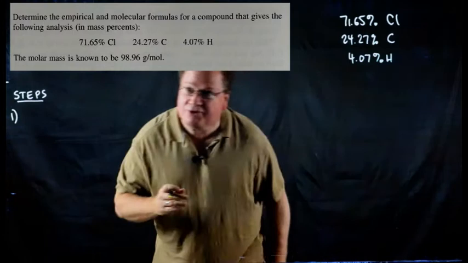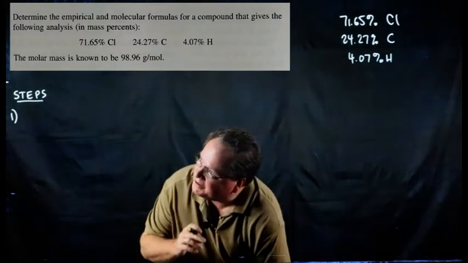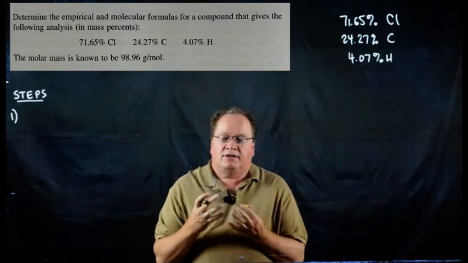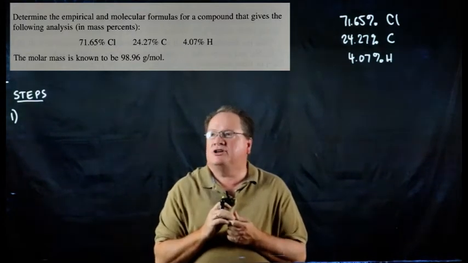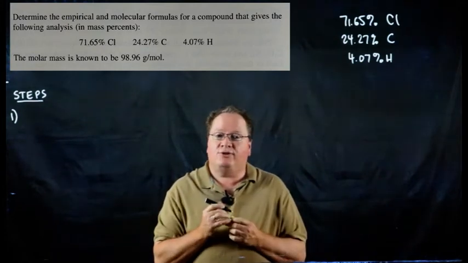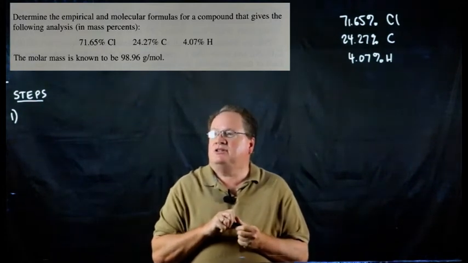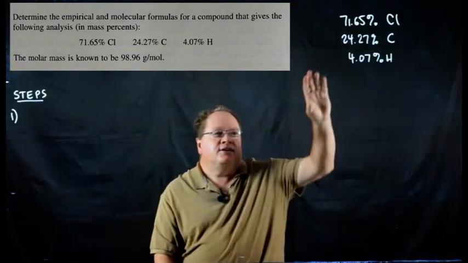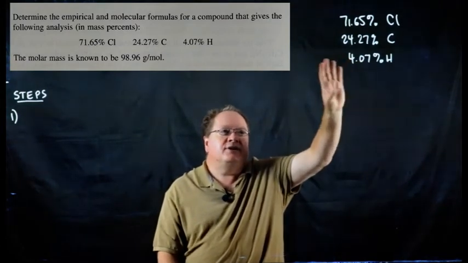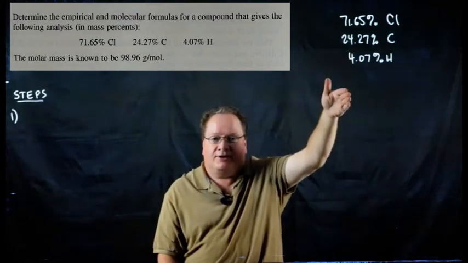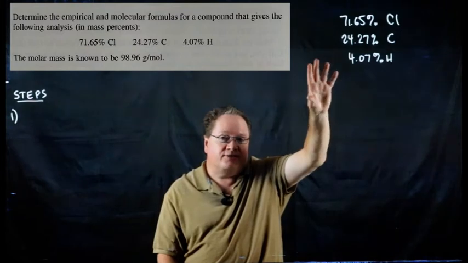So I'm going to list some steps over here. I'm going to put a series of steps up here to describe the way that you're going to get an empirical formula when it asks you for one. The first thing you need to do to determine an empirical formula is realize that there are only certain elements here, and we know the percentages of each.